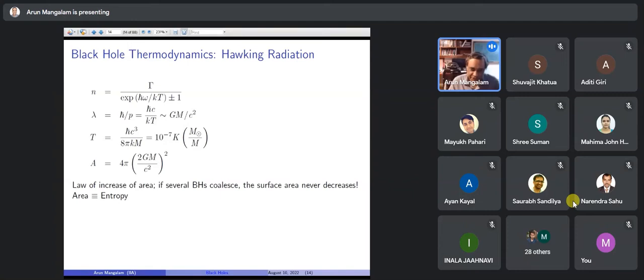He worked out the radiation field from these concepts. You have the Planck's constant, you have the Boltzmann's constant, speed of light, the gravitational constant, relating the mass and the temperature.